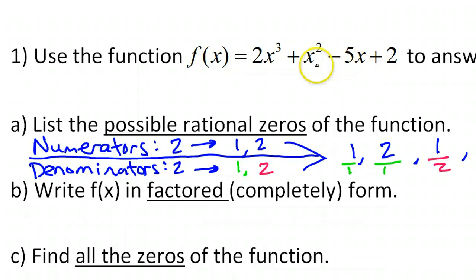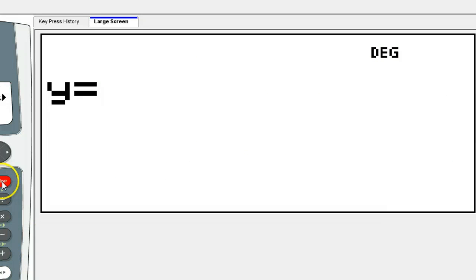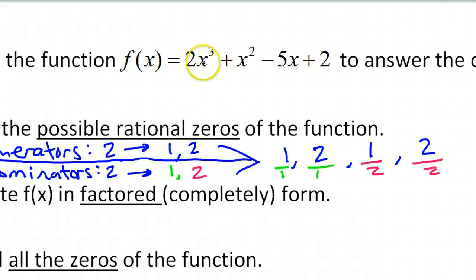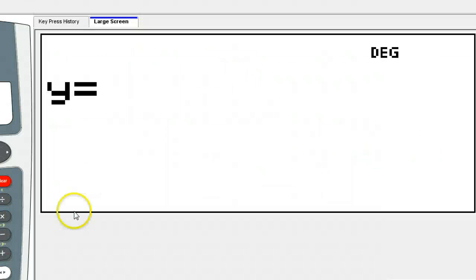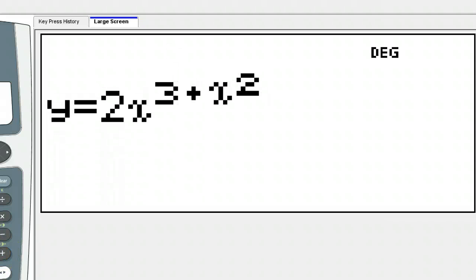I'm going to try the TI-30XS MultiView. So I hit the table button, clear that function out of there. So we've got 2x to the third power plus x squared.